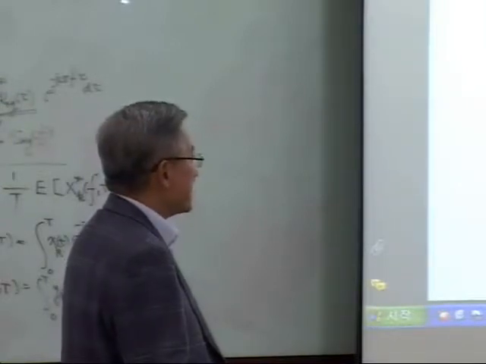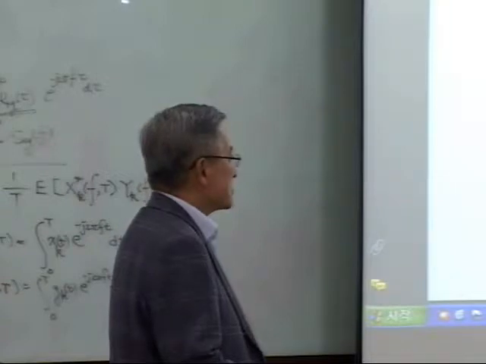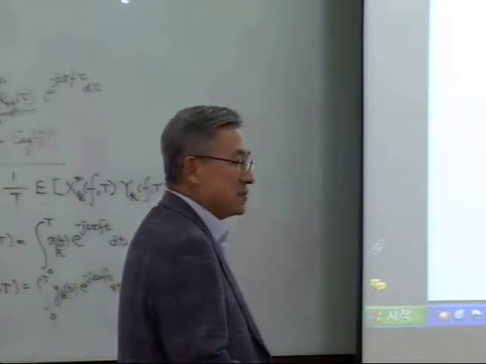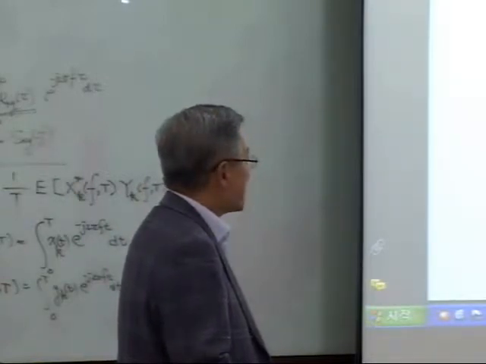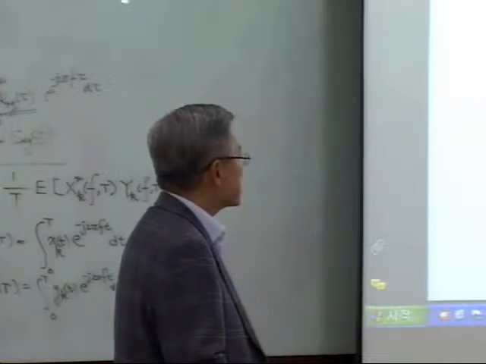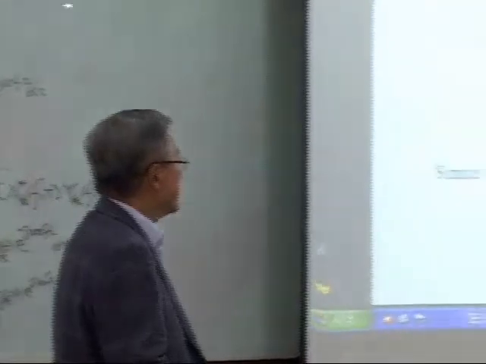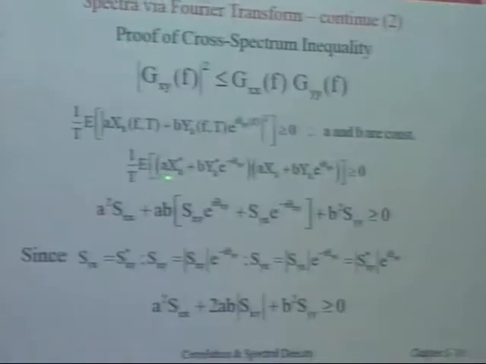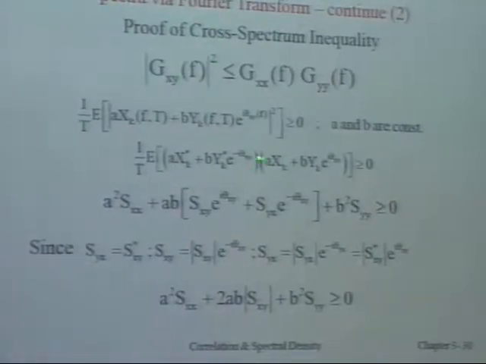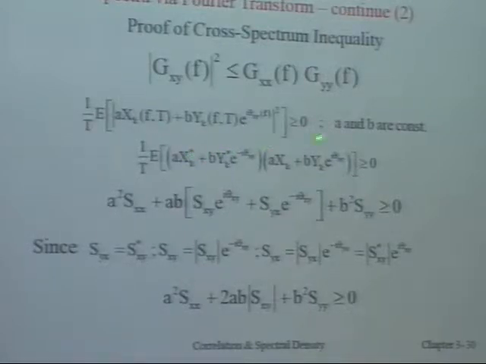Then what happened? This is the absolute square. Then the same term right here, the same term twice. But there is a difference. What's the difference? One is a conjugate. The other is real as is.